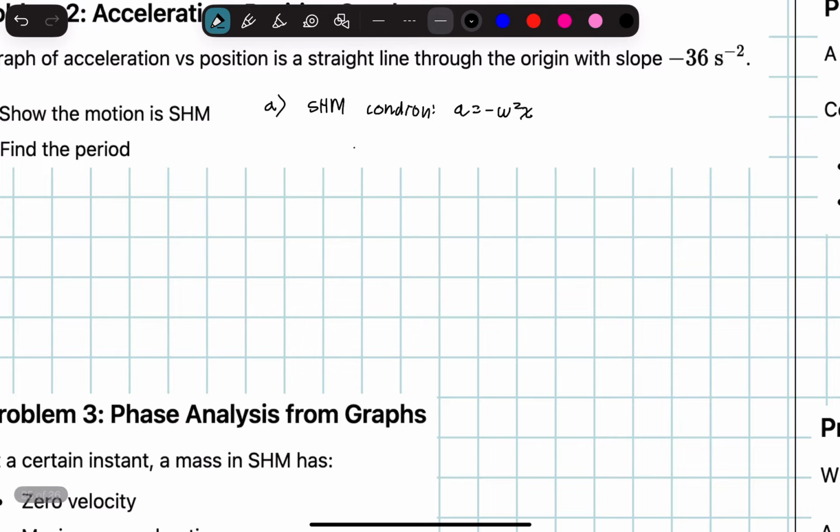And we know that the slope is omega squared is equal to 36. So rooting both sides, we have omega is just equal to 6 rad per second. Therefore, it's simple harmonic motion.